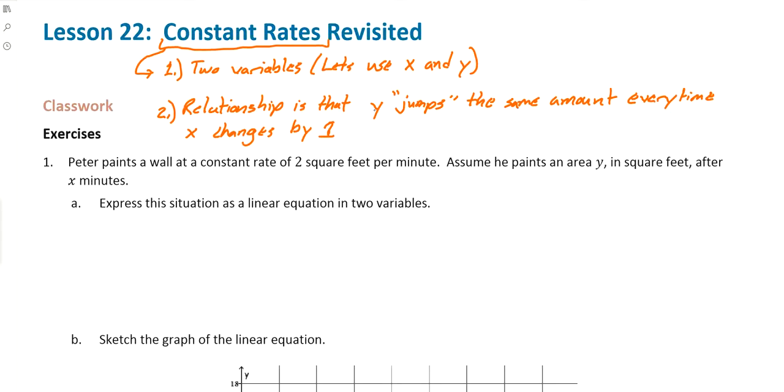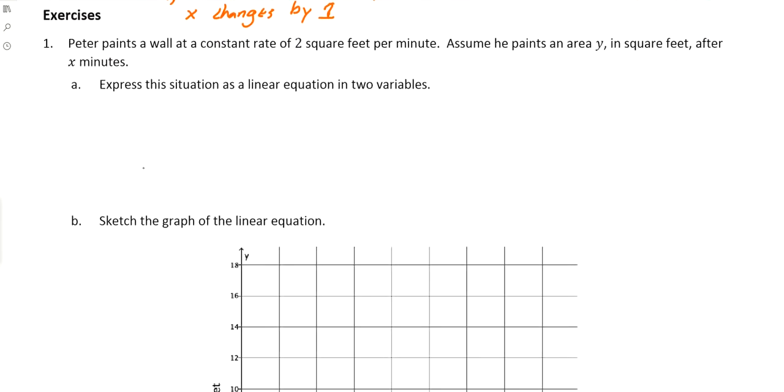Not by 1, y might jump by 3, it might go down by 4. It's just that every time x goes up by 1, y is going to make the same jump as it did the previous time x changed by 1. So let's look into some examples or exercises into what a constant rate looks like.